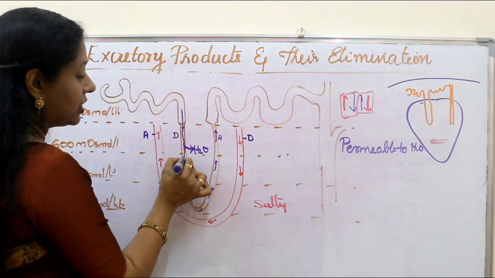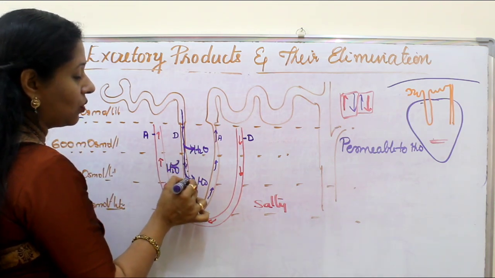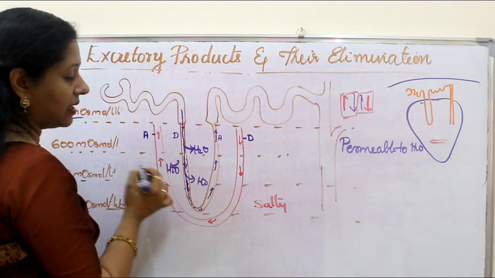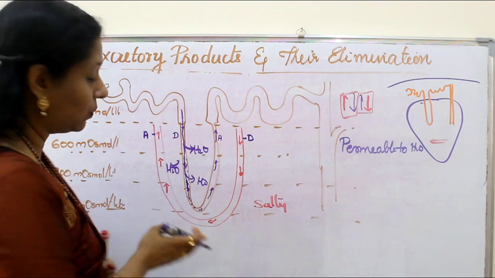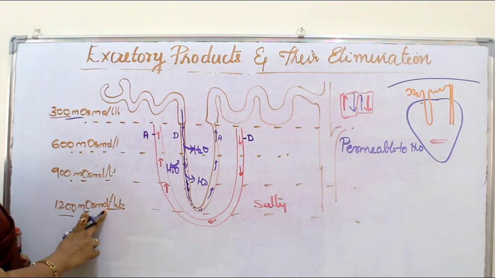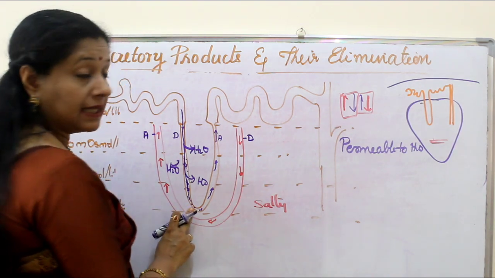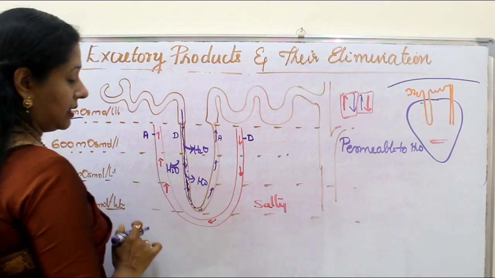So the concentration of sodium, which is acting as a solute, will increase as it comes down. Only water is moving out. So it is becoming highly concentrated towards the end. That is almost 1200 milliosmolarity. It is already there in the interstitium.